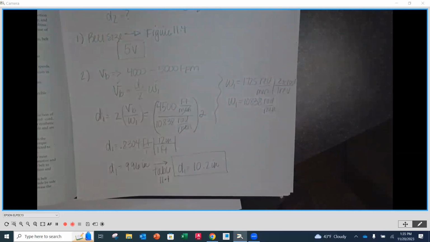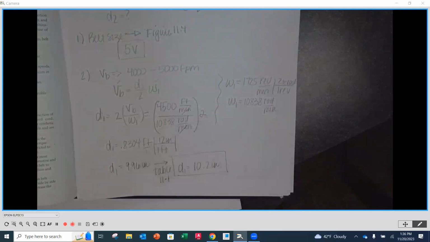So 5,000 divided by 10,838, and then multiply that by 2, and then multiply that by 12, right? Did your diameter get smaller or larger?